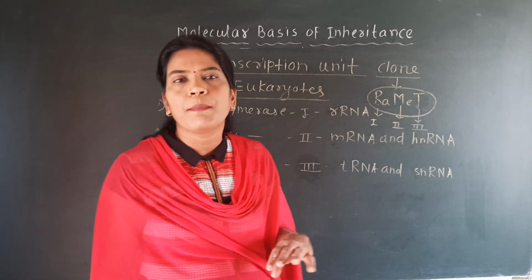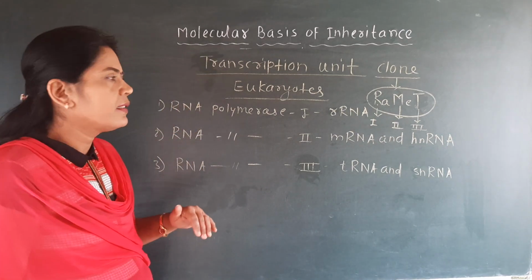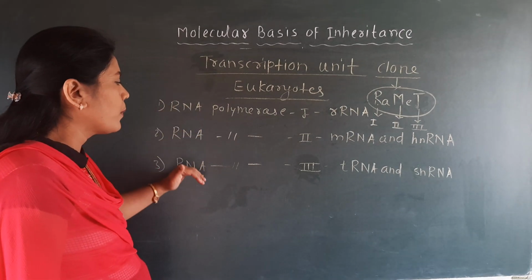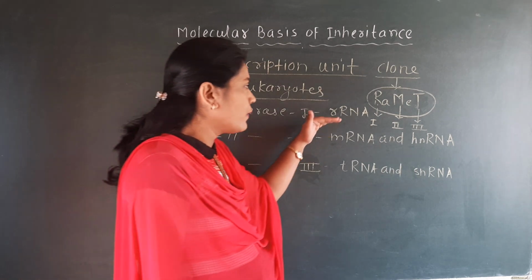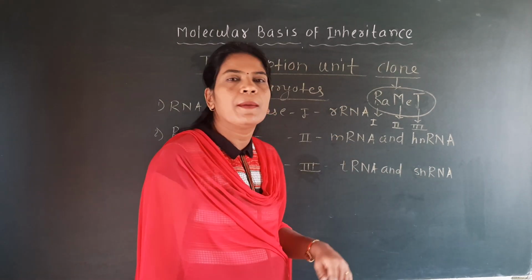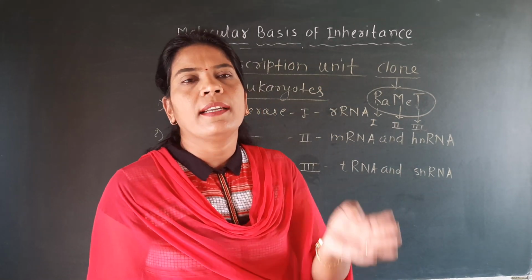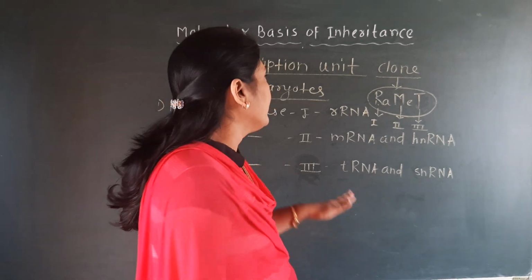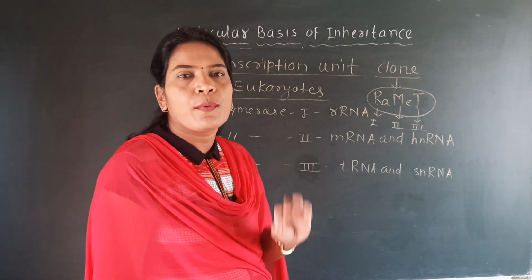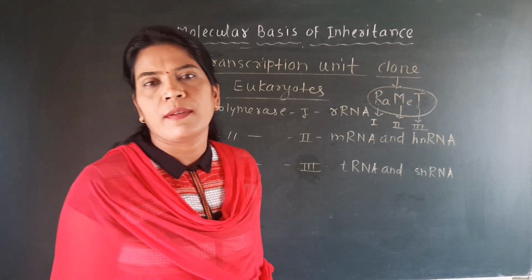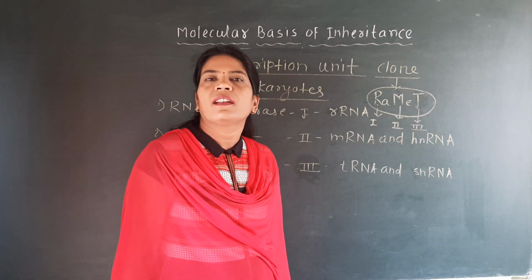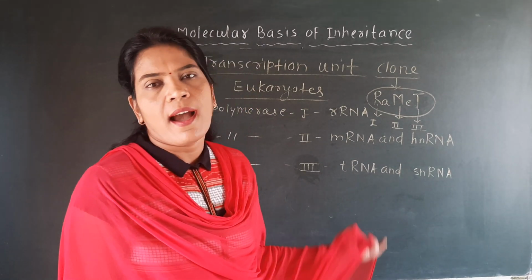So it is a very simple trick to memorize the different types of RNA polymerase which are involved in the transcription of these different types of RNA, and they are found only in eukaryotes. But in prokaryotes only one RNA polymerase is there, which is involved in the transcription of the RNA.